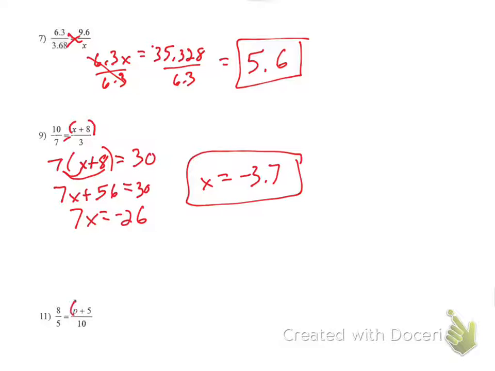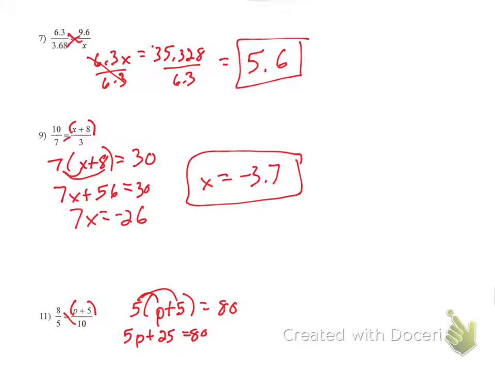Same thing here, put a parentheses around it. So I'll get 5, parentheses p plus 5, is equal to 8 times 10, which is 80. So then I'll distribute this. So that'd be 5p plus 25 is equal to 80.